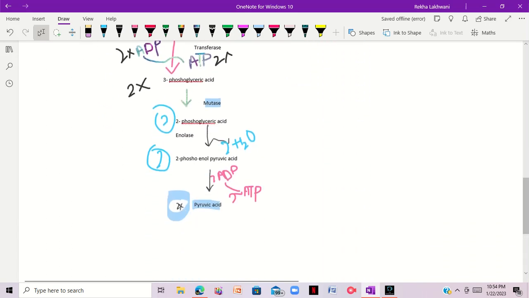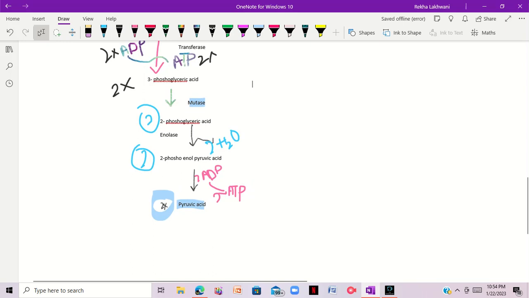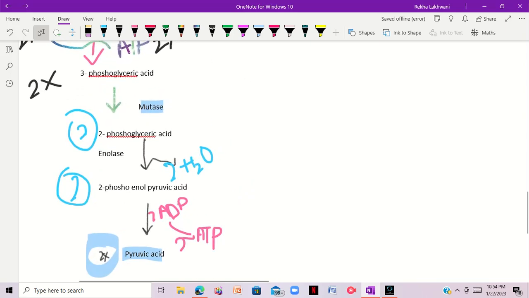So let's make an equation for this. What happened? We used 1 molecule of glucose, plus we utilized basically 2 ATP, right?